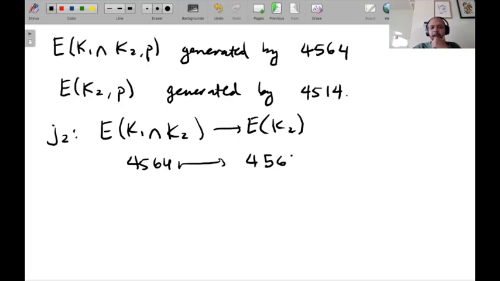The loop has the same name, but we need to understand how this is related to our generator. And I'll maybe leave you to check this. This is equivalent to 4, 5, 1, 4 squared.